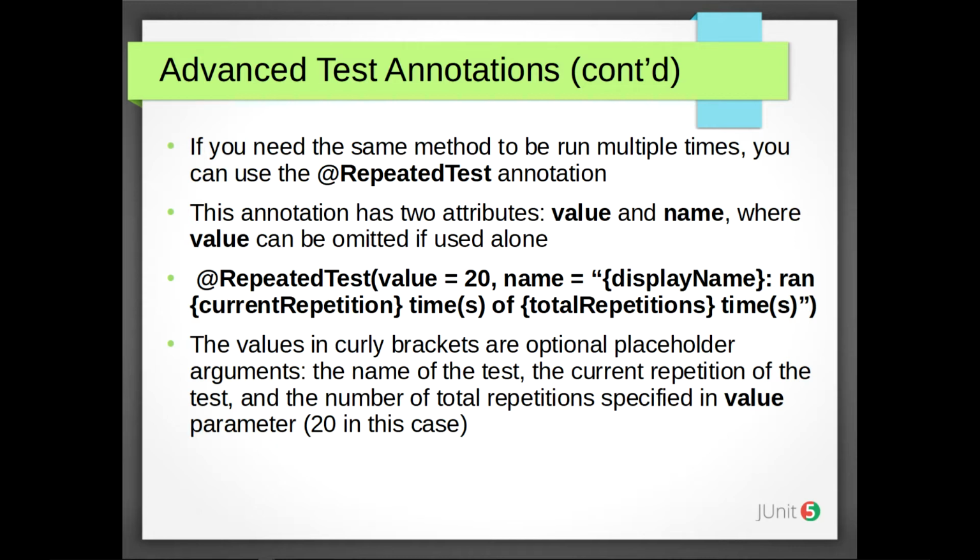This annotation has two attributes, value and name, where value can be omitted if used alone. And so I'm going to make about a 20-second pause for you to study the next line of code. You don't have to write it out if you don't want.